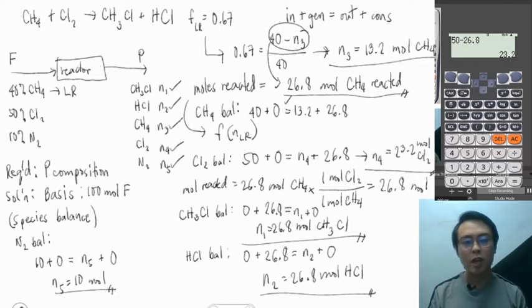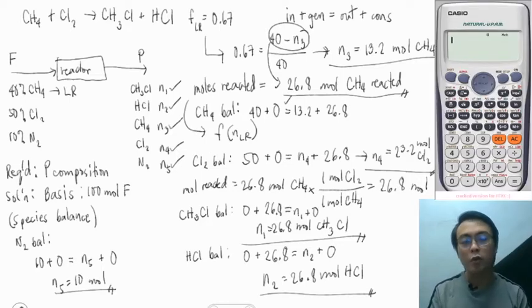Okay, so that is how you perform species balance. A couple of quick reminders about the species balance method. This species balance method heavily relies on the balanced equation. So in this example, you might have noticed that the moles reacted remains the same for all balances. It's just 26.8 moles. So this is not true for all problems.